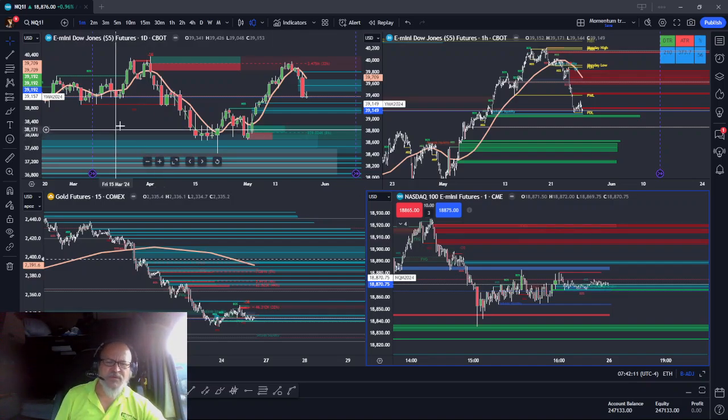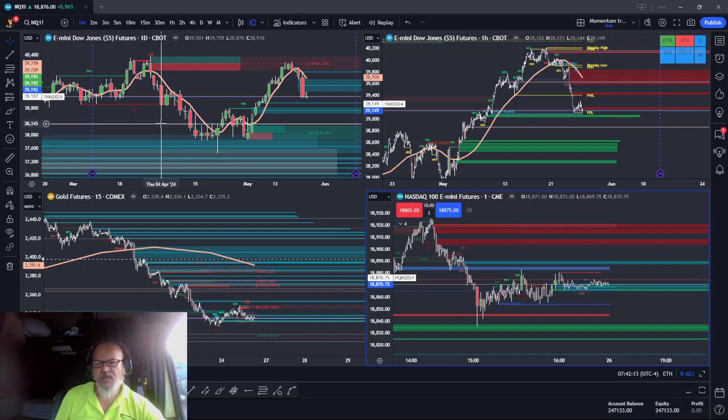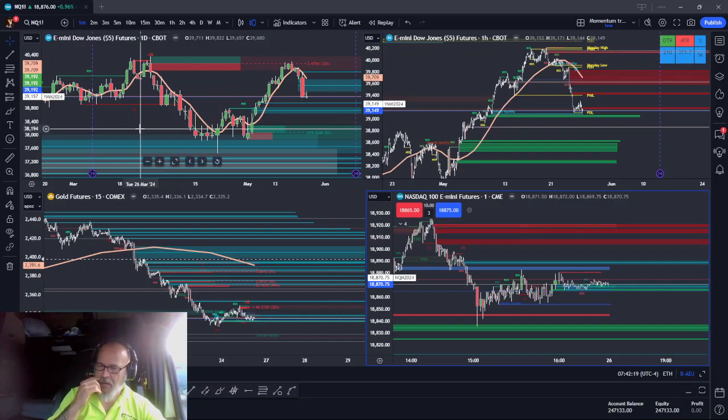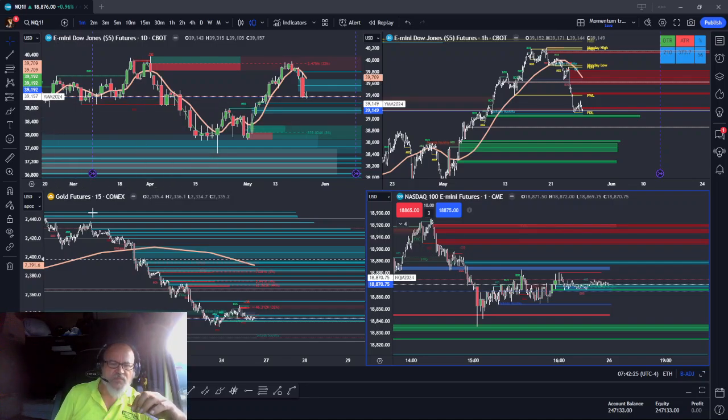I'll run through the indexes first, and then I'll move to crude, and then I'll go to gold, and probably look at Ethereum as well.